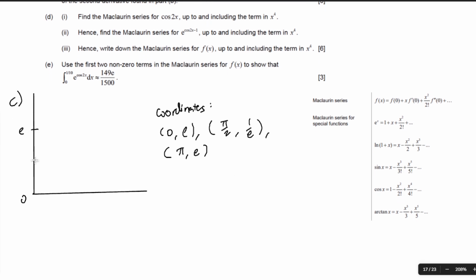Let's have e be here, 1 over e be here, and let's have pi over 2 be here. And I think that's relatively where pi should be. And we have a point right here, a point right here, and a point straight across right here. Okay, and we draw a line that connects these.